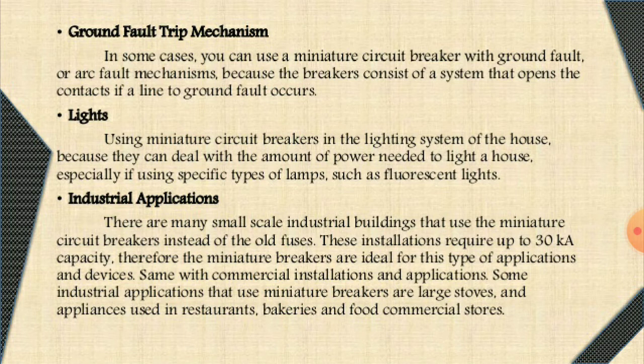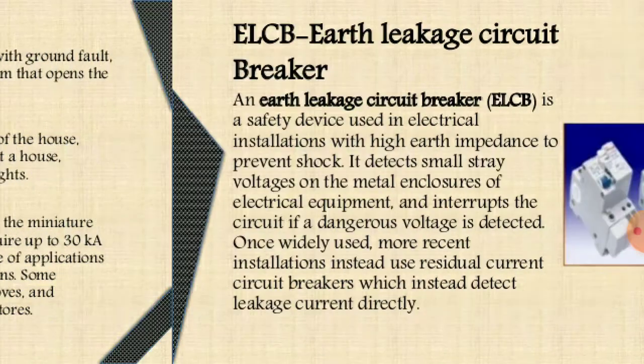No need of any manual operations here. Next, no fuse: as a fuse should be replaced after every operation, there is no such necessity for MCB. There is no replacement required after every operation. One more thing is that once the fault is cleared, the function of this MCB will be restored automatically. So these are the advantages.